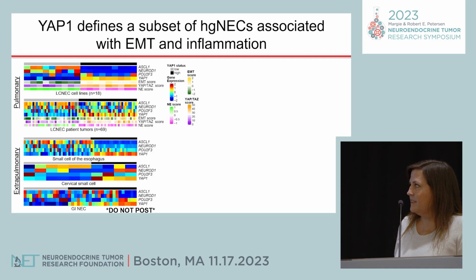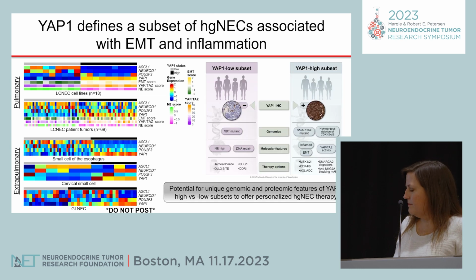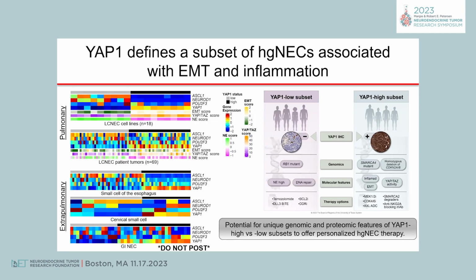I talked about it a little bit last year, but in high-grade NET samples, YAP1 defines a subtype that makes up roughly 50% of both pulmonary high-grade NETs, as well as extrapulmonary high-grade NETs, using some publicly available data sets.